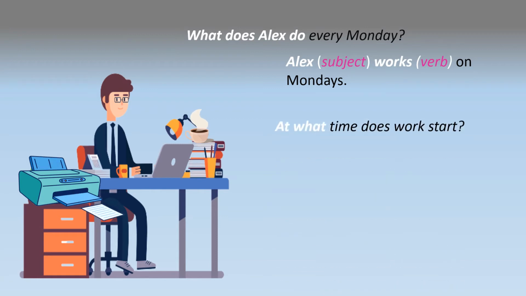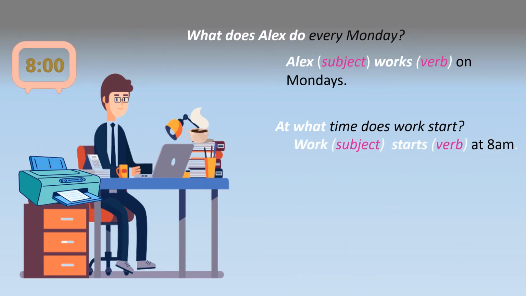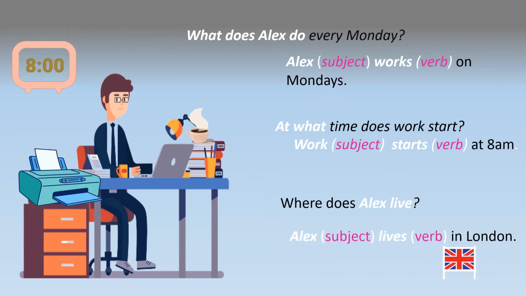At what time does work start? Work in this question is actually the main subject that we are discussing. Therefore, we would put work as the subject. Starts at 8 a.m. Where does Alex live? Alex, the subject, lives in London.